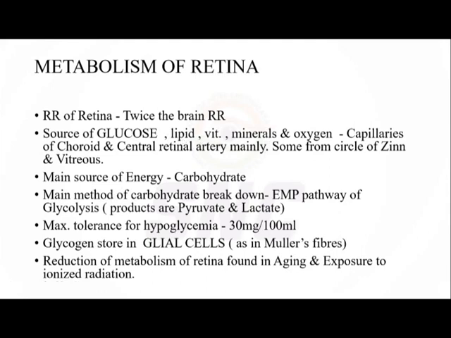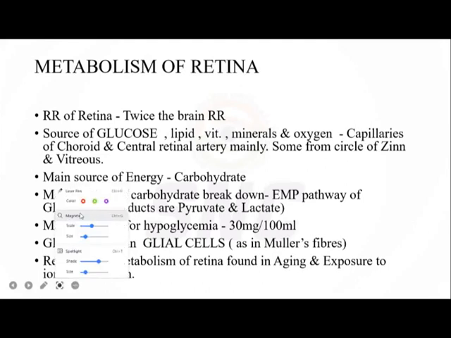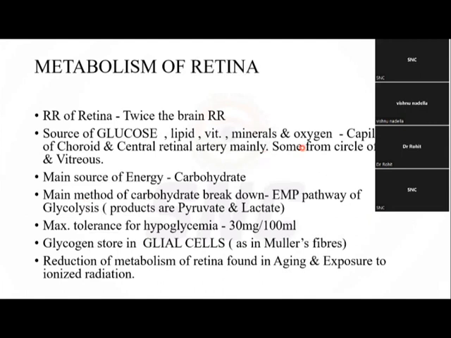These are mainly supplied by the capillaries of the choroid and the central retinal artery, and some from the circle of Zinn, as discussed, that is the arterial circle around the nerve.